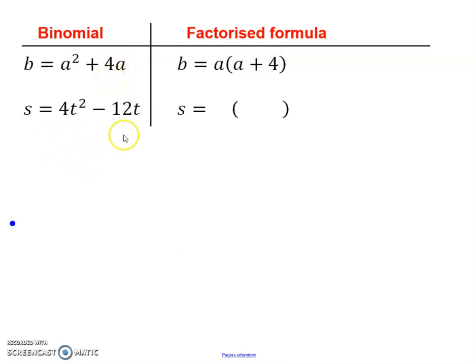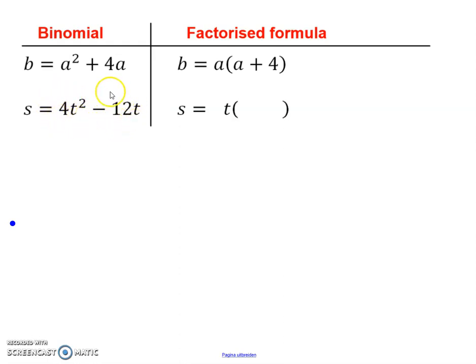So the next one, really take a good look at what the common factors are. When you look at this example, I have numbers and I also have variables. So both terms can be divided by the variable t. So t should be over here. But I also have the number 4. And 4 can be divided by 4.